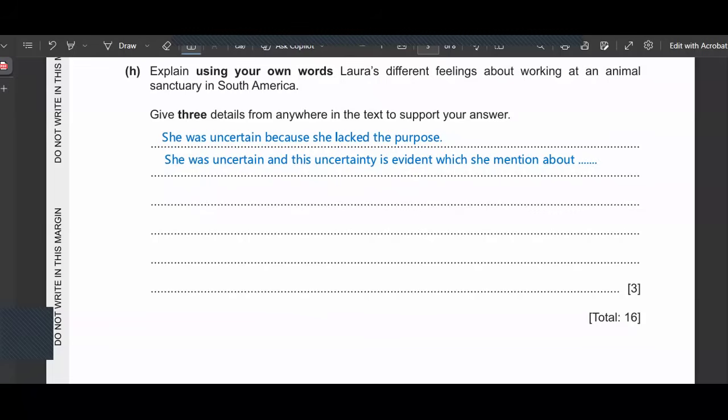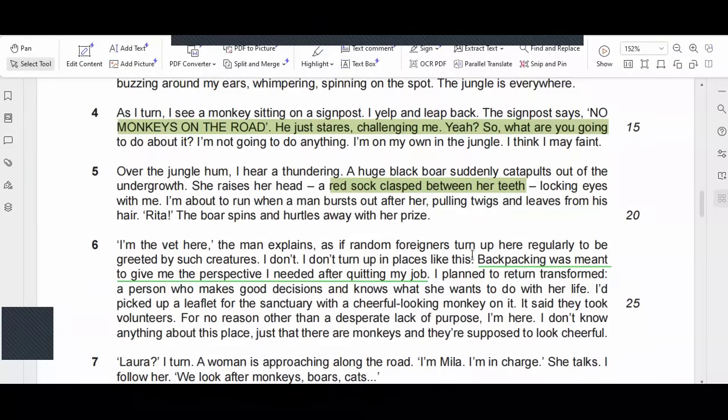Then, if we go back to the text, "I plan to return transformed, a person who makes good decisions and knows what she wants to do with her life. I picked up a leaflet for the sanctuary with a cheerful looking monkey on it. It said they took volunteers for no reasons other than a desperate lack of purpose.